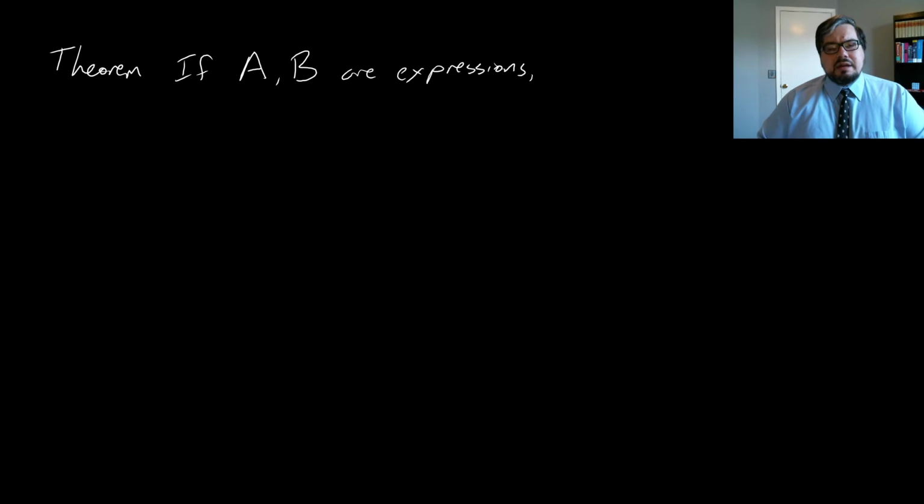And let's write it down this way. I'll write it as: capital A and capital B are expressions. So capital A, capital B, they could be complex. They could have lots of numbers, lots of variables in them. I just want to use symbols to stand for these expressions.